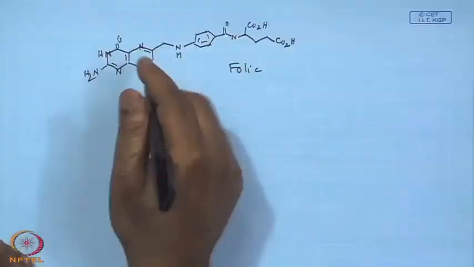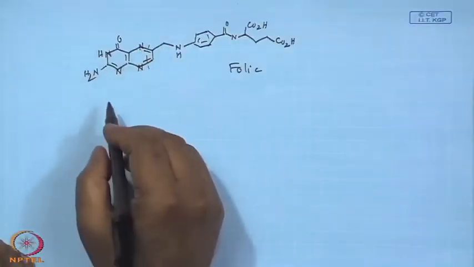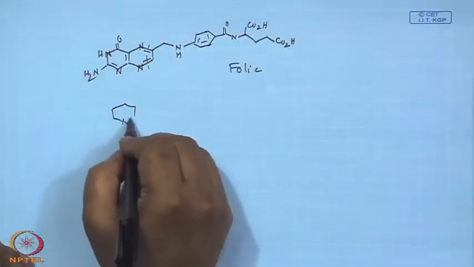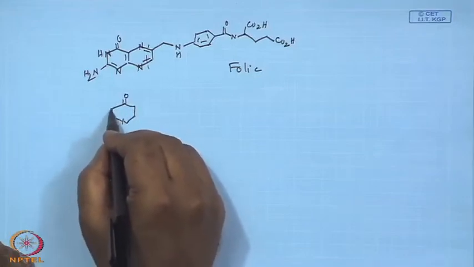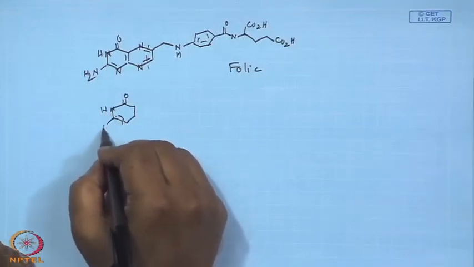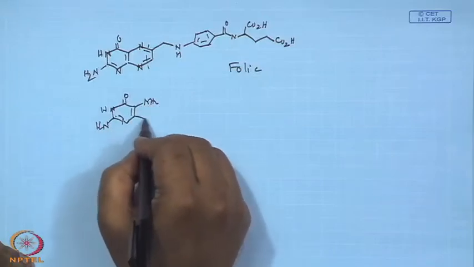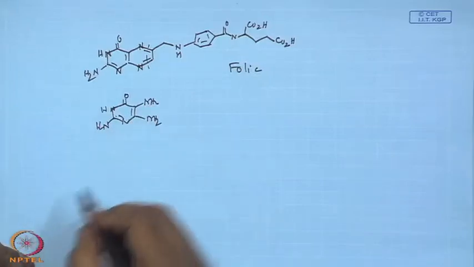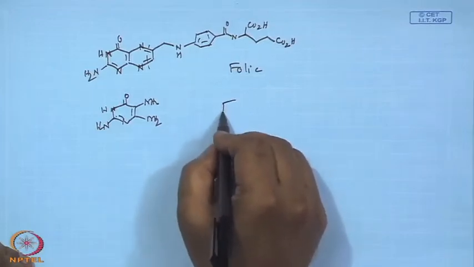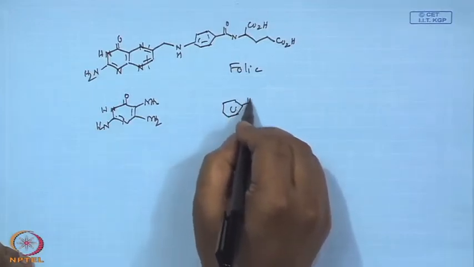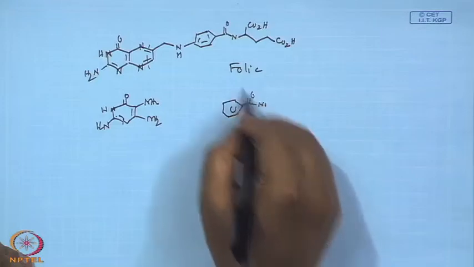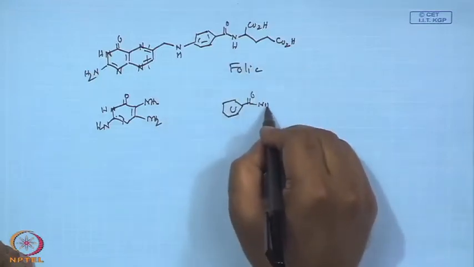Okay. How do you make it? So, now how do you make it? Once again, you just look at the structure here. So, the pterine nucleus is obtainable from the corresponding amine, and so in this case a diamine here, right, and this other portion all of us know is basically a peptide derivative.